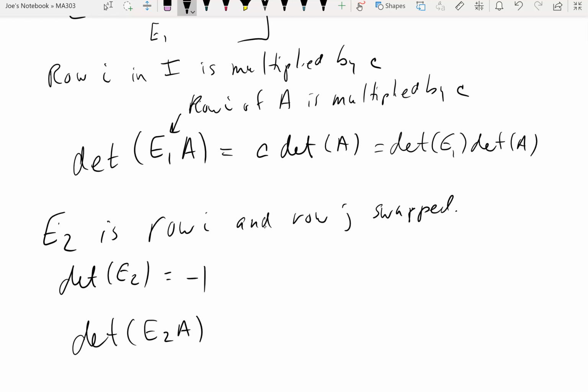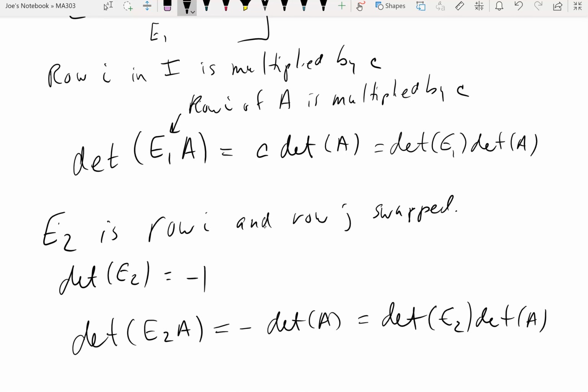Makes it negative, right? So this will be the negative of the determinant of A, but we just said that the determinant of E2 was -1. And what does it look like happens with the determinant function again? It distributes over the product, right?